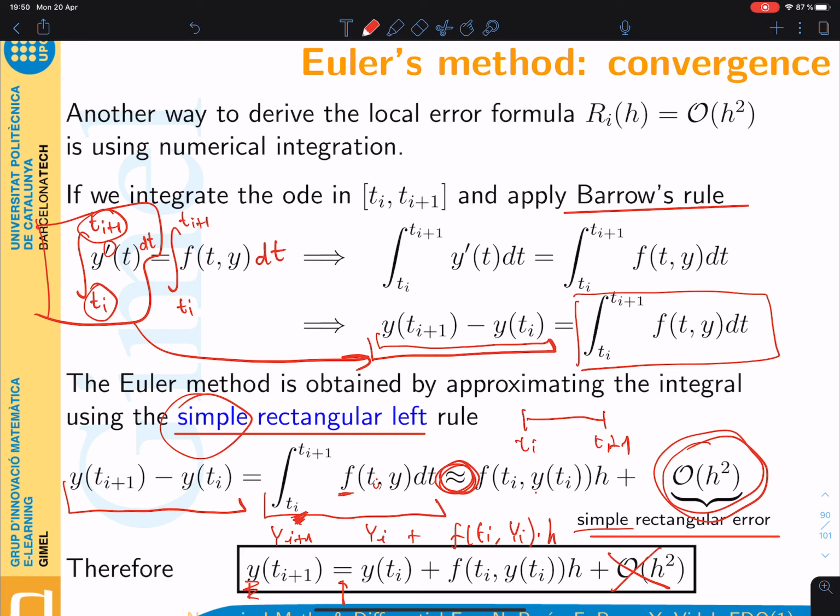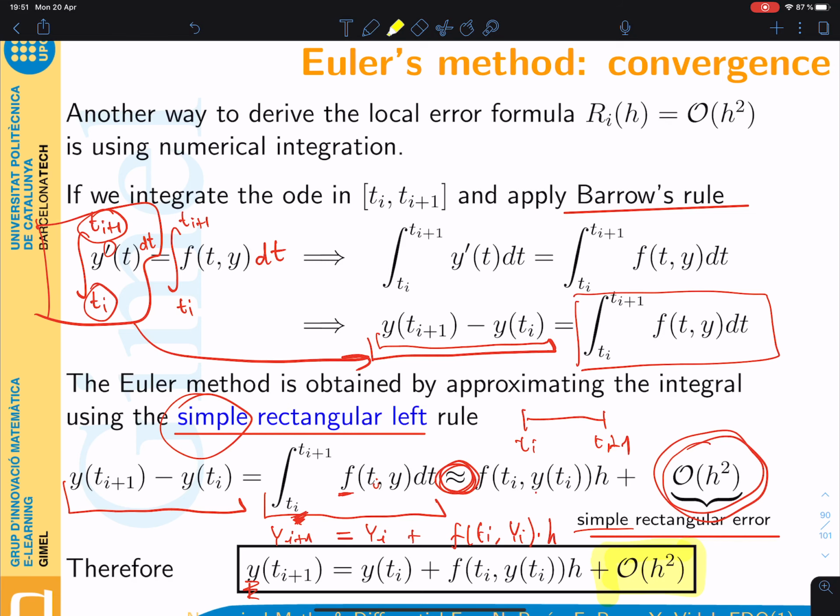I'm dropping this term when using the approximated approach, and I have an equal sign here. But as I'm dropping the error term, these capital Y's are not anymore the exact solution, yeah? So somehow using the simple rectangular left rule, we also derived the formulas for the Euler method, and we proved, which is very important, that the local error of the method is of order h squared, okay?